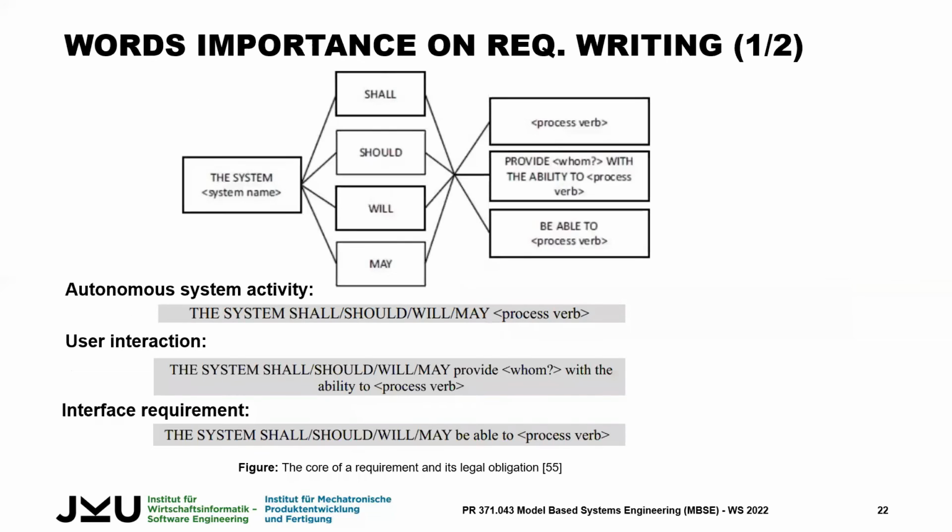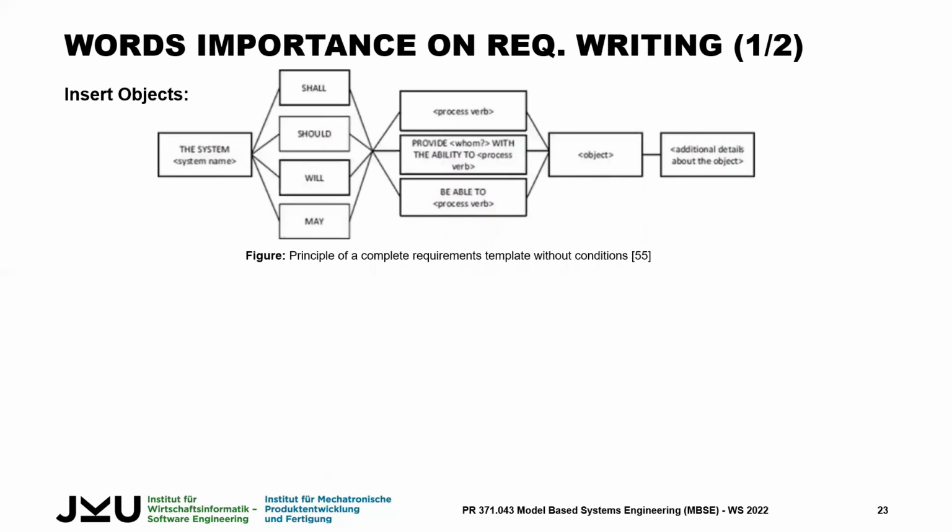Okay. So this is some guideline on how to write a requirement. There is some wording also: shall, should, will, may, and the verbs. I will upload these slides, and this is very easy to understand, so I will not spend the time.